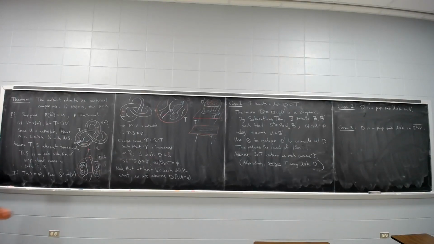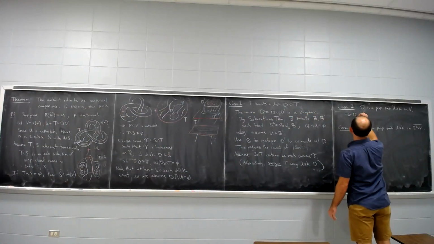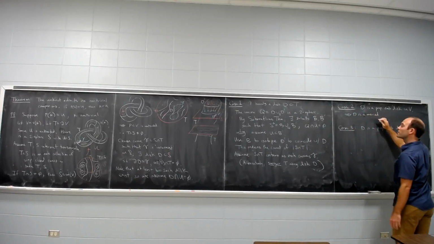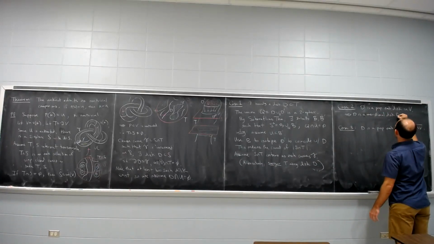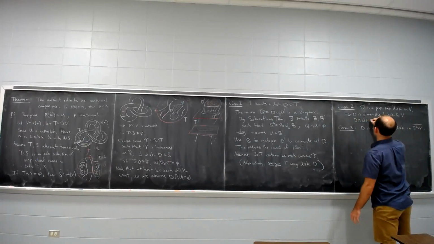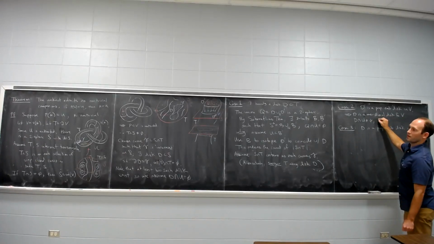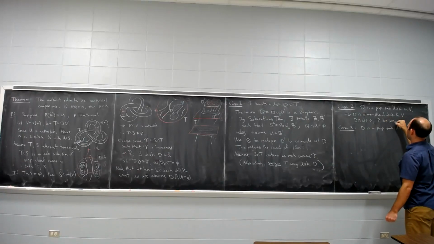But since D is disjoint from U, this implies that D is a meridional disk for V, and since D intersect U is empty, this implies that P has wrapping number 0.